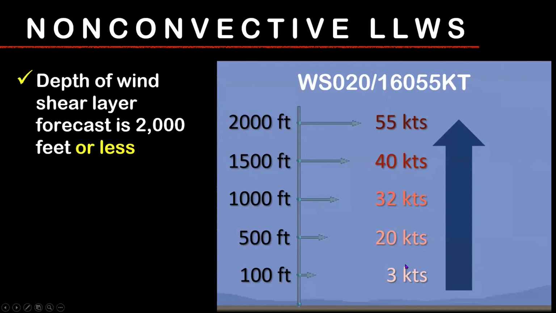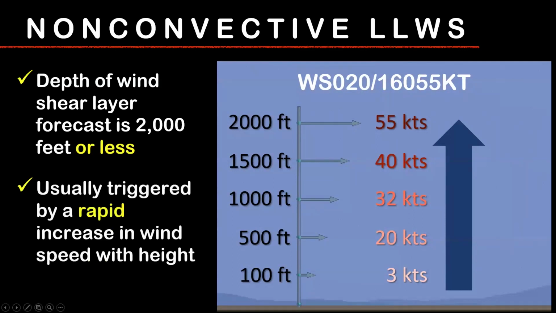It shows you how the wind speeds are increasing. Of course, this is just an example. Winds could be fairly strong, still pretty strong at the surface, but essentially what you're seeing is the wind speeds rapidly increasing with height. And again, that's called non-convective low-level wind shear.